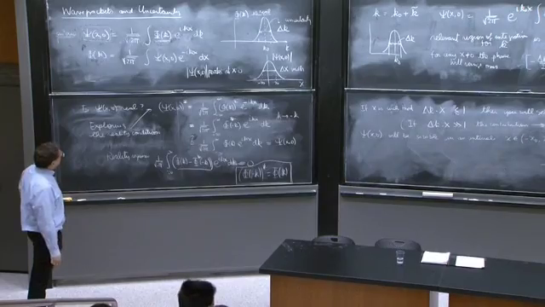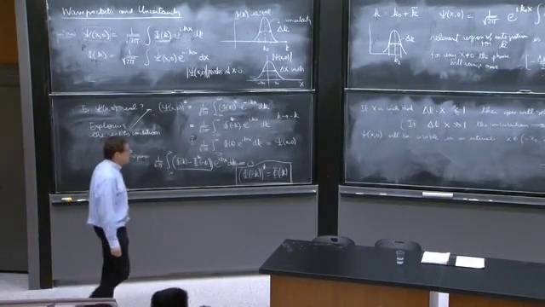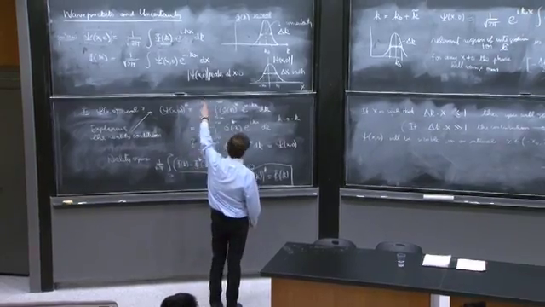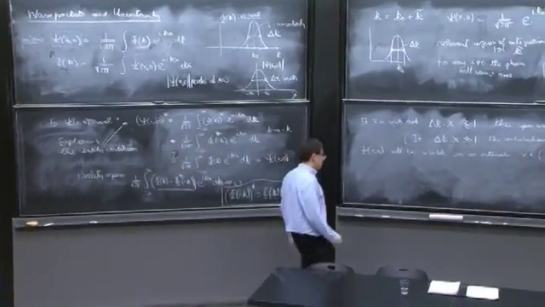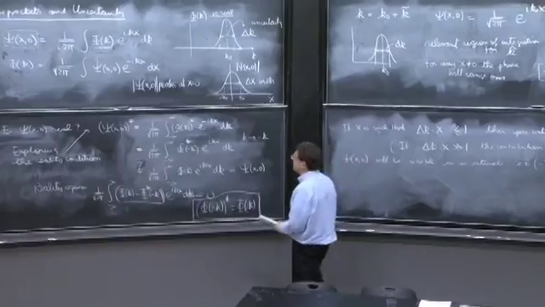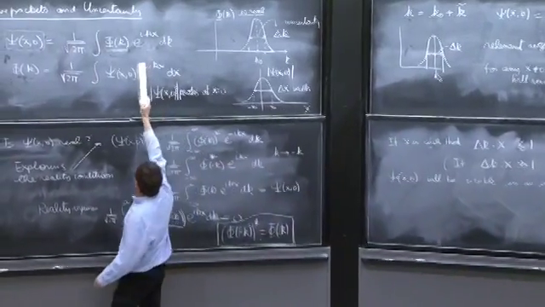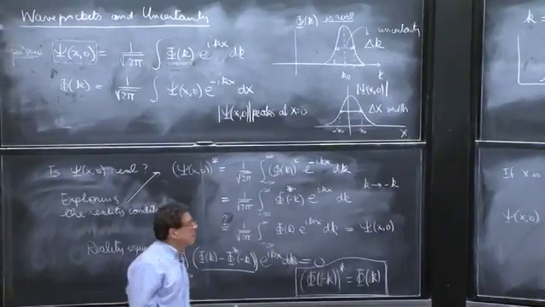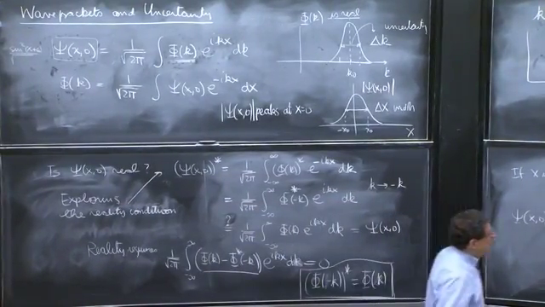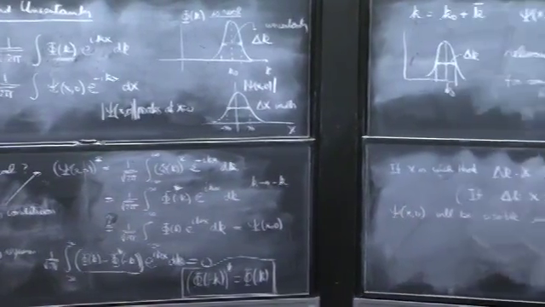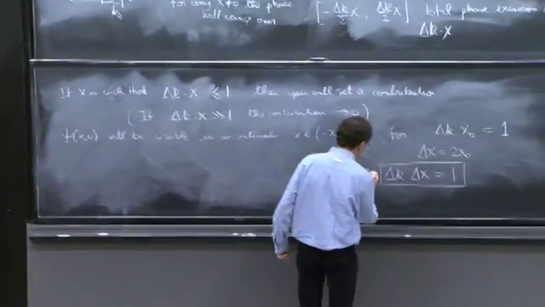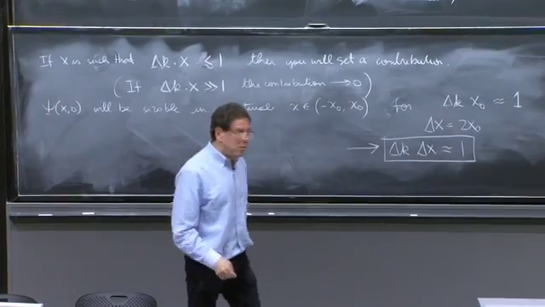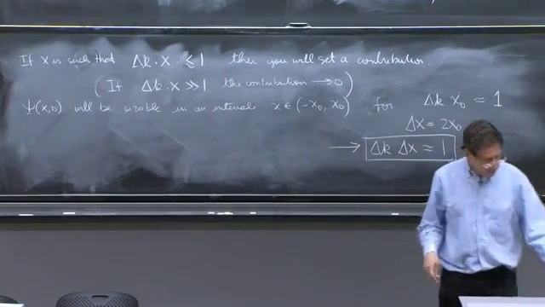The place where quantum mechanics comes about is when you realize that these waves in quantum mechanics, e to the ikx, represent states with some values of momentum.